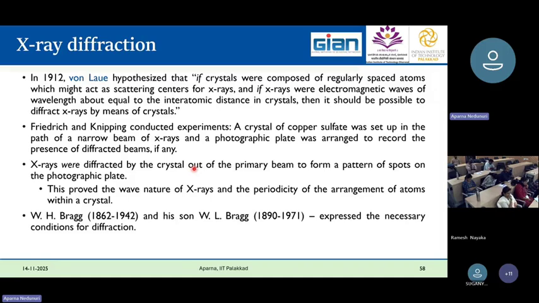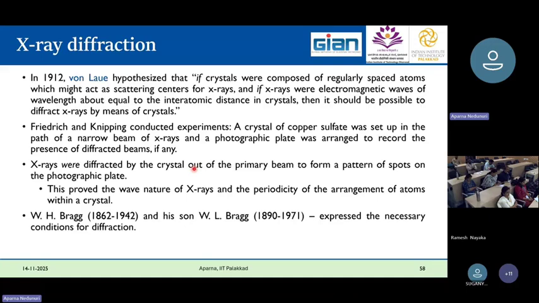Later, two other scientists, a father and son, W.H. Bragg and W.L. Bragg, found interest in this and came up with the necessary conditions for diffraction to happen. Both Von Laue and W.H. Bragg and his son W.L. Bragg got the Nobel Prize in Physics for this.